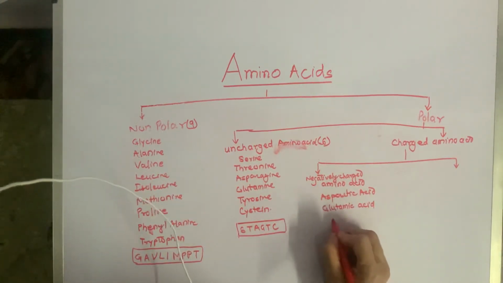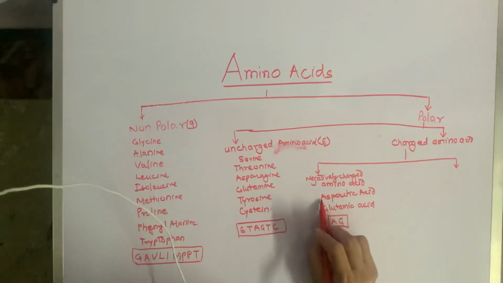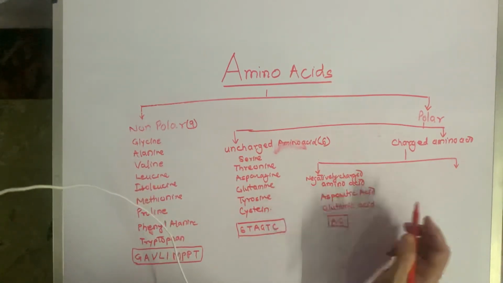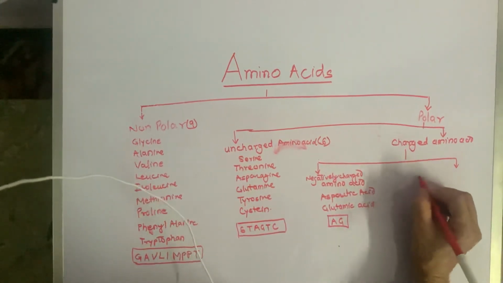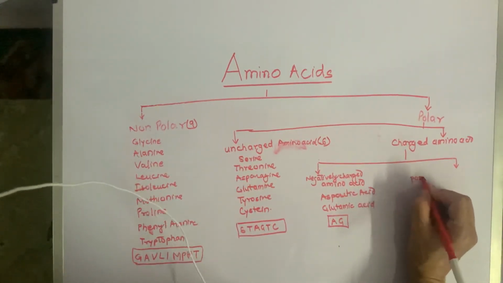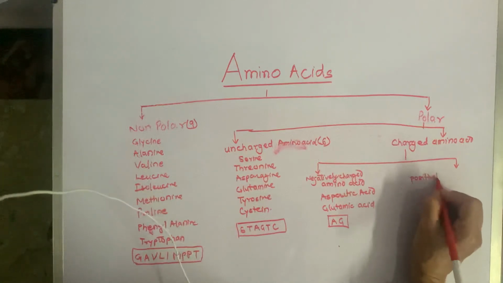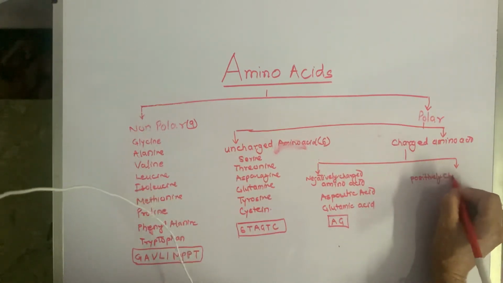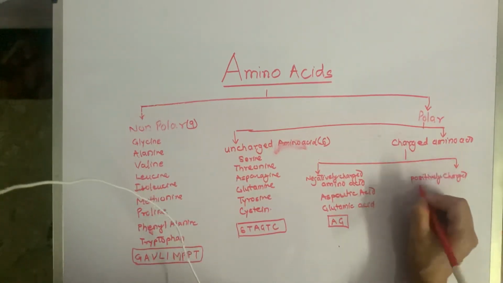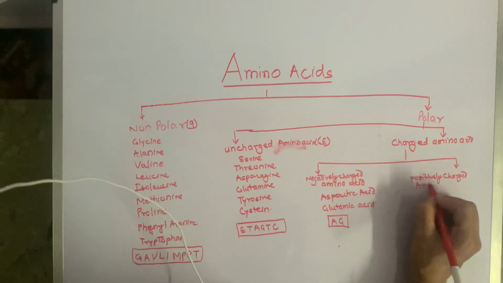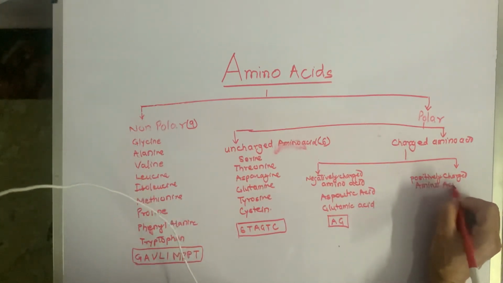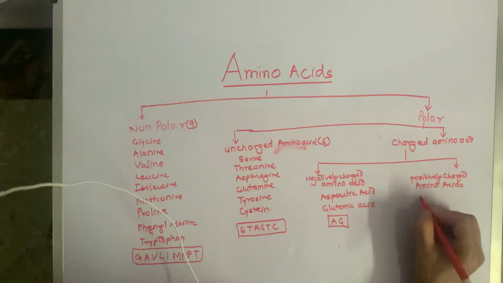That is AG. So how do I remember? A for aspartic acid, G for glutamic acid. Similarly, there are positively charged amino acids.